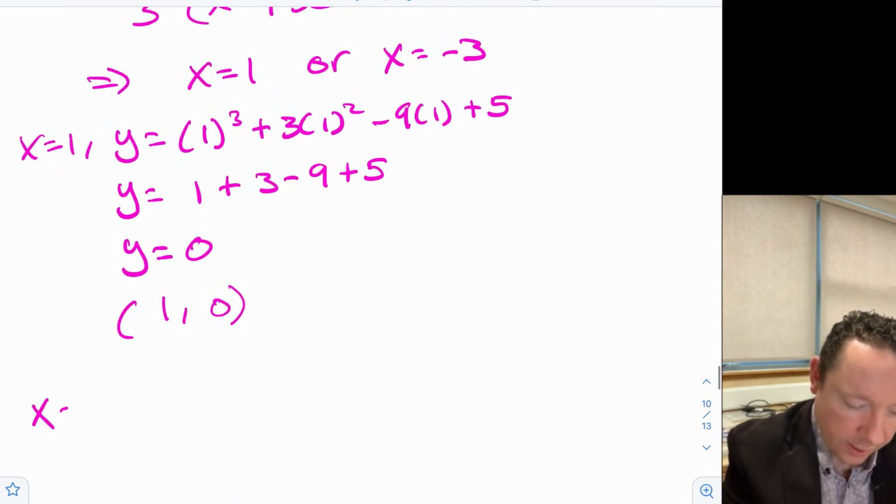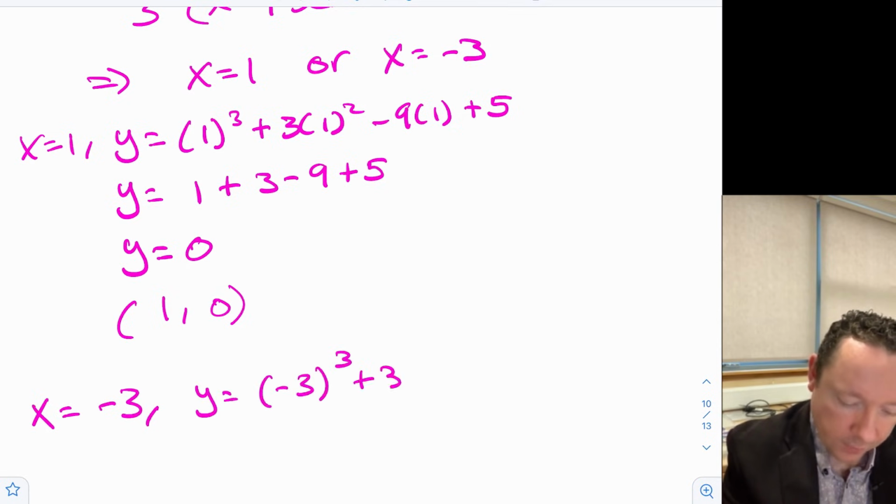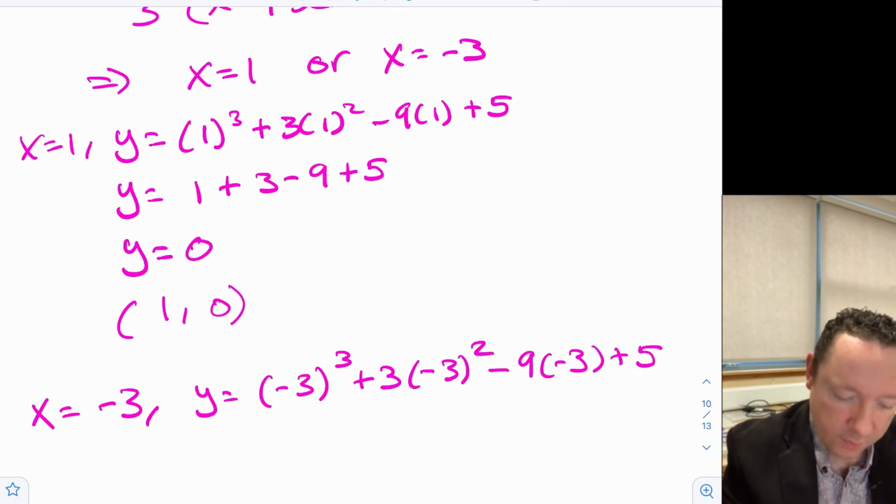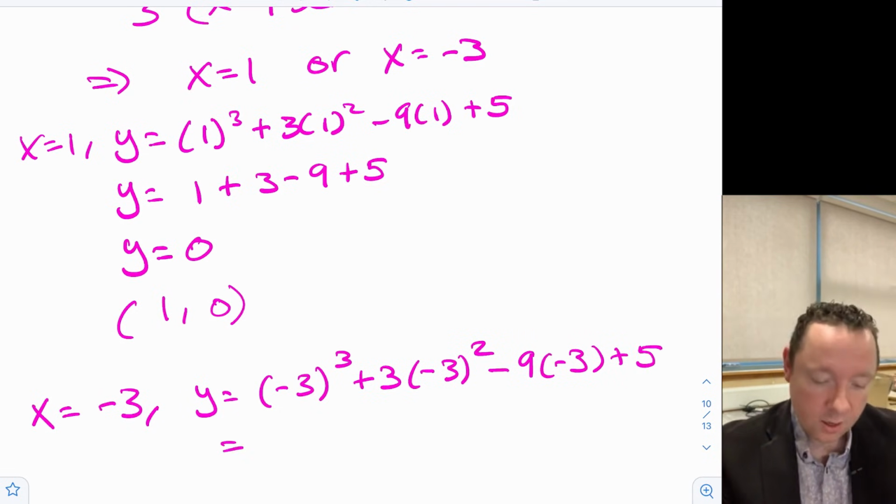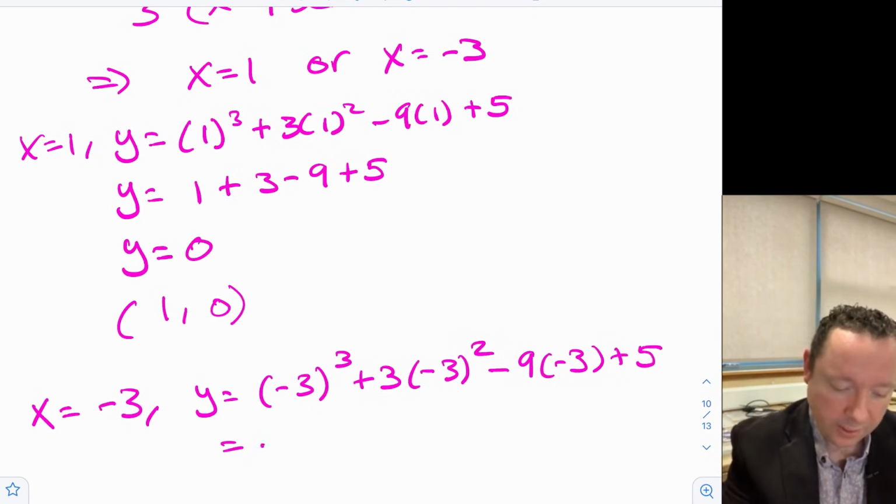When x equals minus 3, we can do the same thing. So y would be minus 3 cubed plus 3 times minus 3 squared minus 9 times minus 3 plus 5. Keeping your wits about, because it is a non-calculator paper, 3 cubed is 27, so you get minus 27. 3 squared is 9, times 3 is plus 27. 9 times 3 is 27, but it's plus because of a minus times a minus.